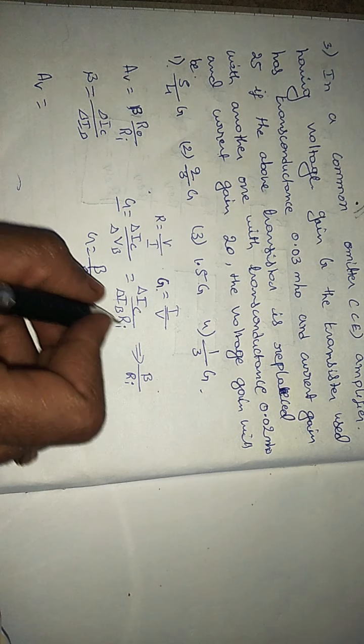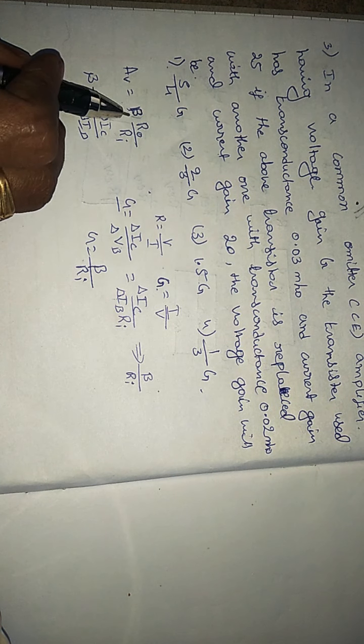So voltage gain is equal to G, that is beta divided by RI, into RL.